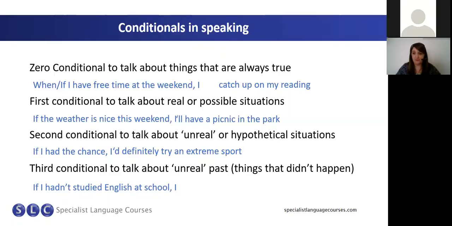So we need to finish this sentence by talking about something that didn't happen in the past. Notice the structure. We use if I hadn't with the past participle, or had, and then it's followed by would have and a past participle.